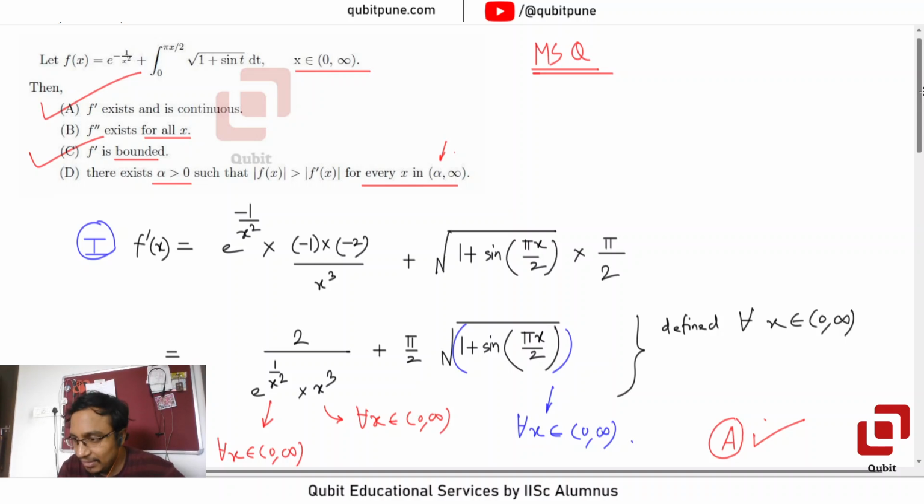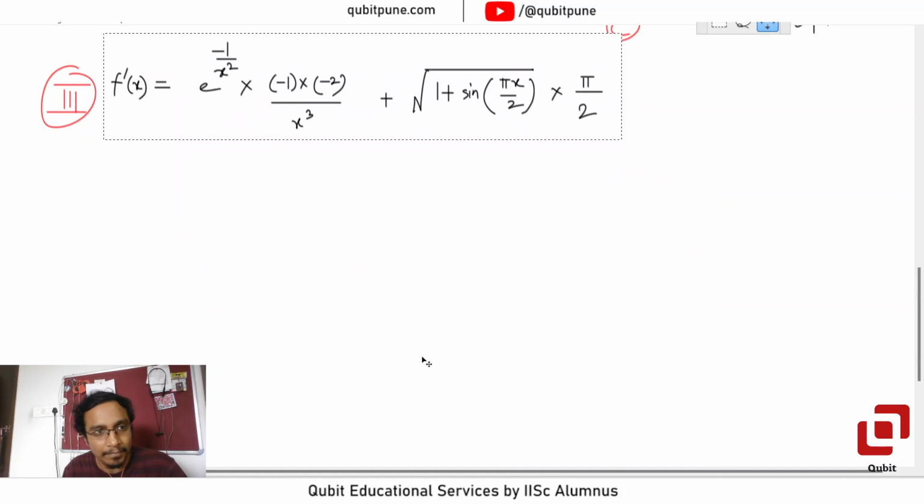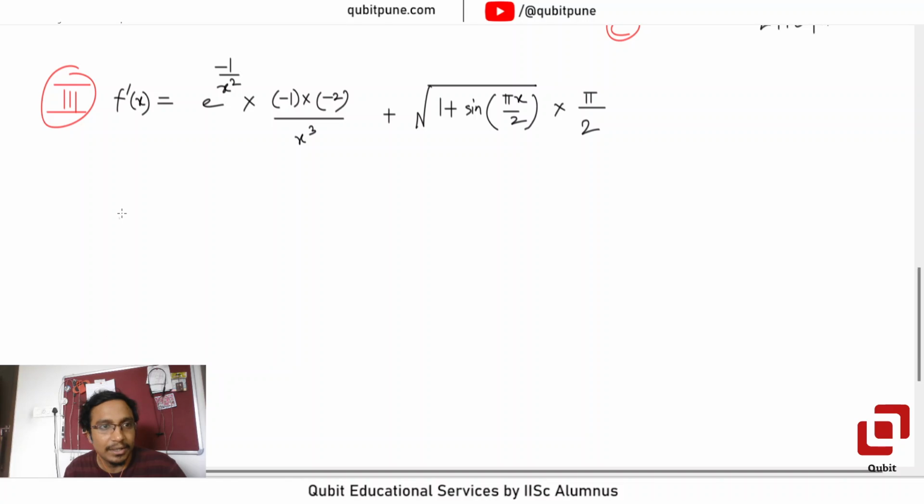So we'll have to find that f double dash x, and then we can draw some conclusion from it. Exactly, you can. You have to. But just by looking at f dash of x's expression, can you come up with something?